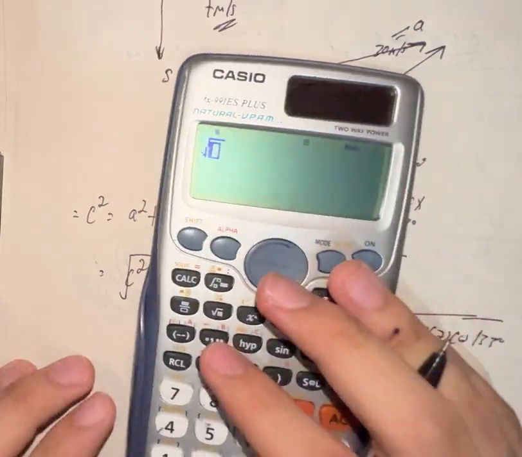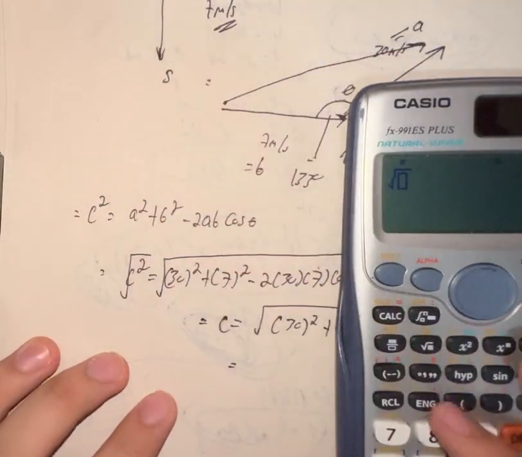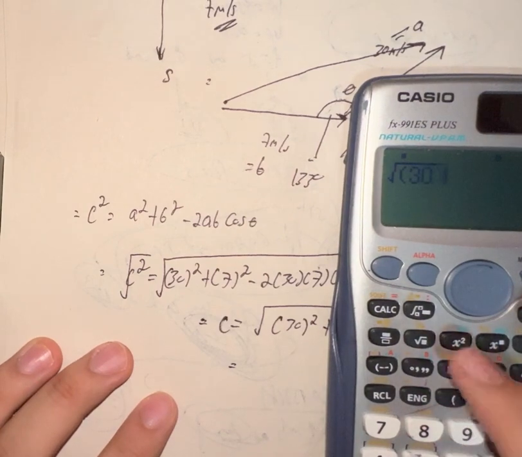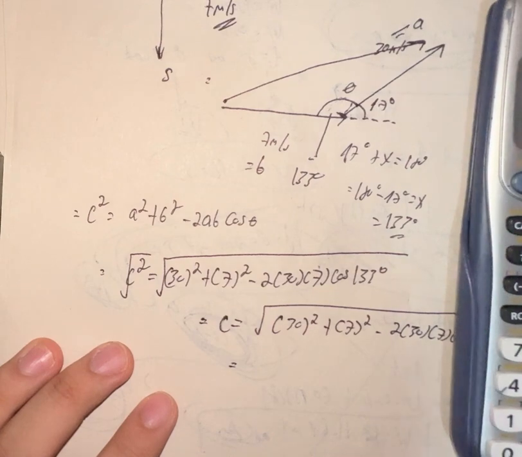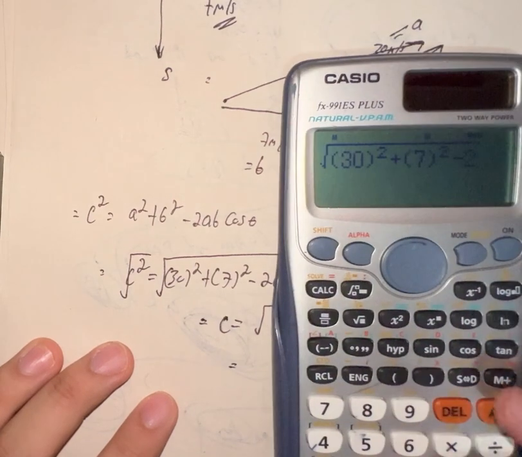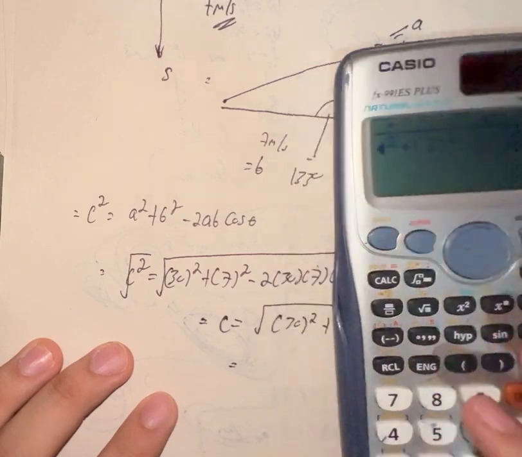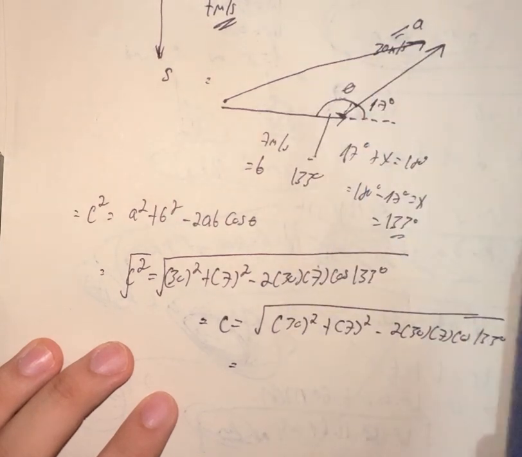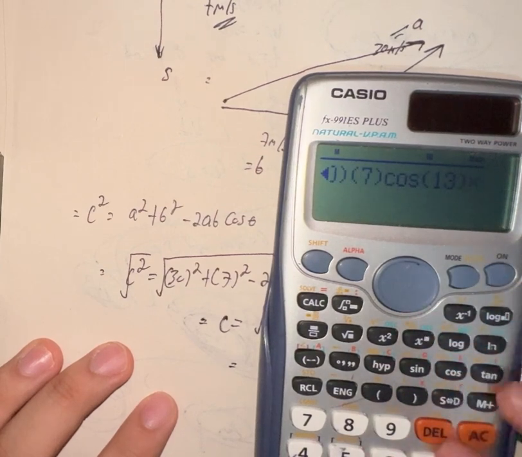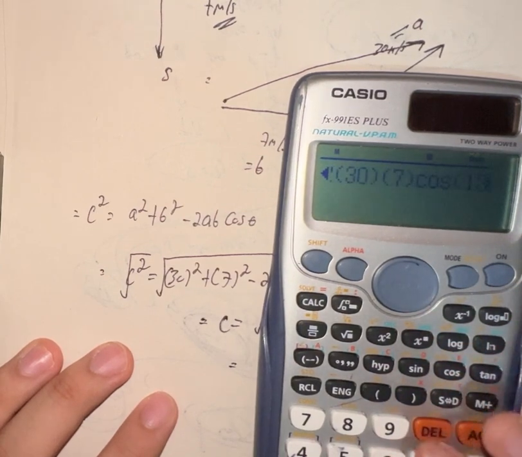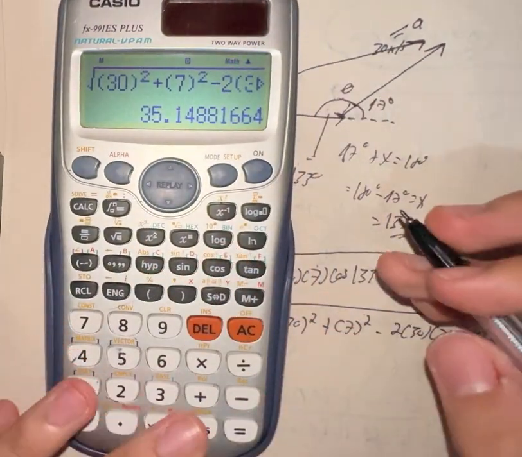Now substituting that into our calculator: 30 squared plus 7 squared minus 2 times 30 times 7 cosine 133 degrees. That gives 35.1488.